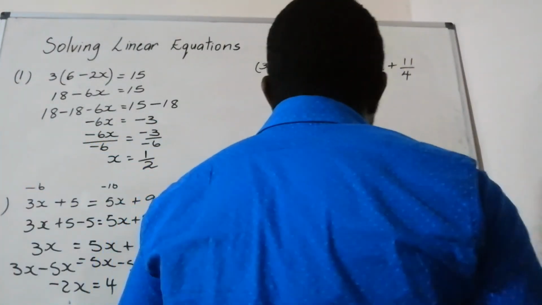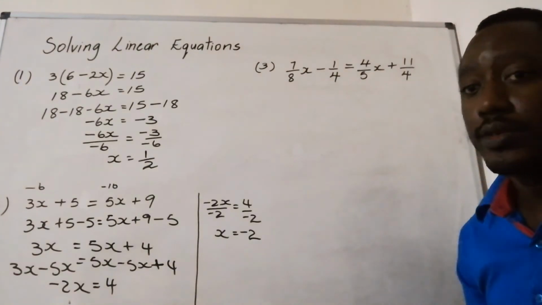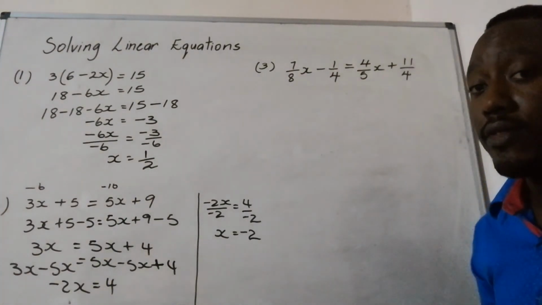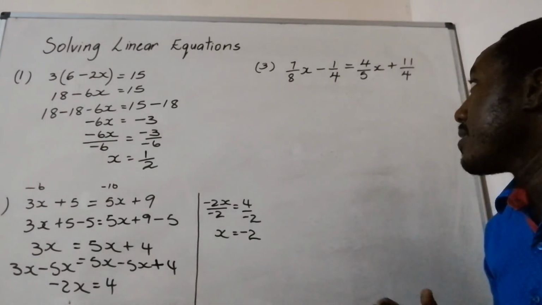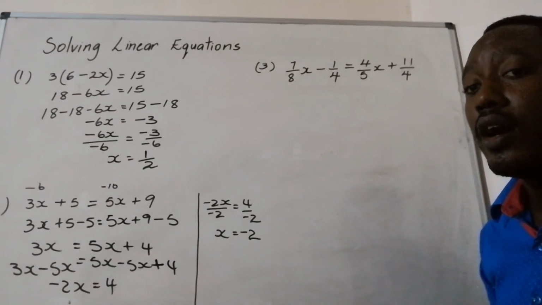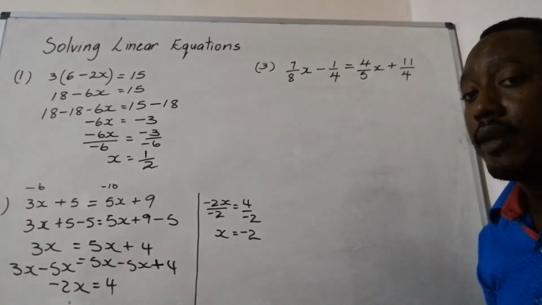Now here is a question. And in this question, we have fractions. Now, fractions might not always be our favorite topic, but it is necessary for us to know how to solve equations when fractions are in them.